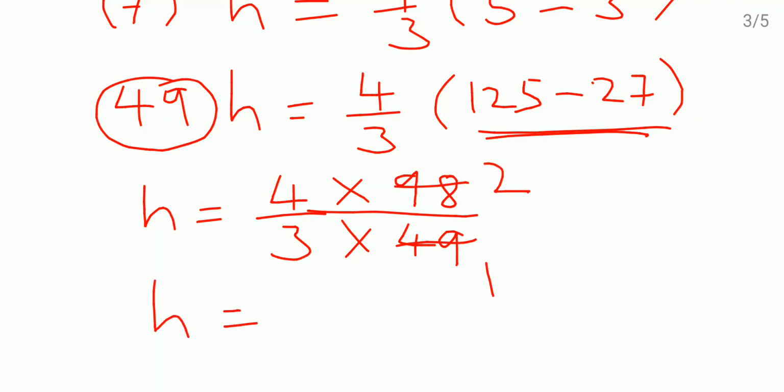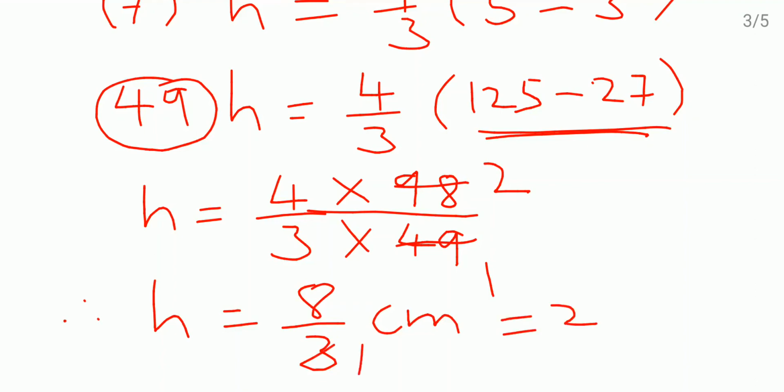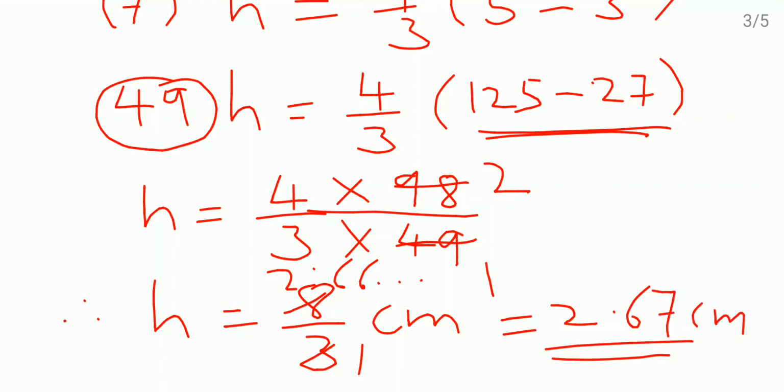So height comes as 8 by 3 centimeter. Therefore the height of the cylinder is 8 by 3. You can divide: 3 twos are 6, 2 is remaining, 3 sixes are 18, and it will keep on going. That means 2.67 centimeter is the height of the cylinder.